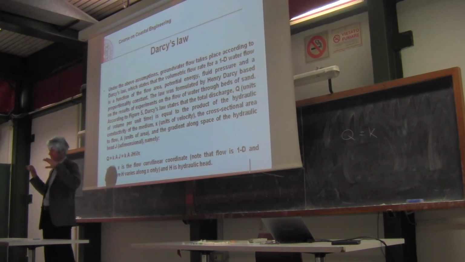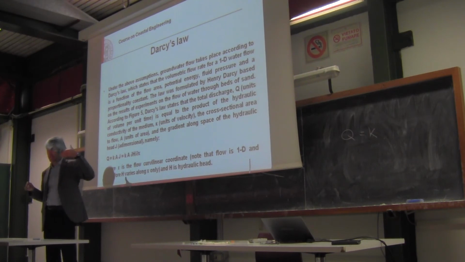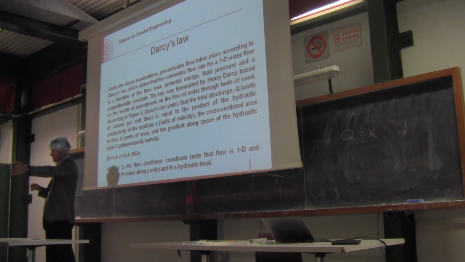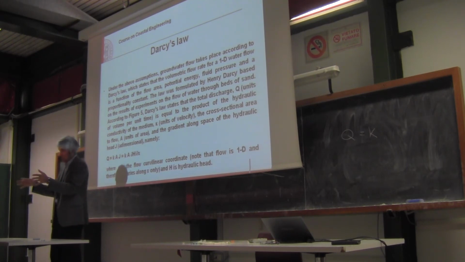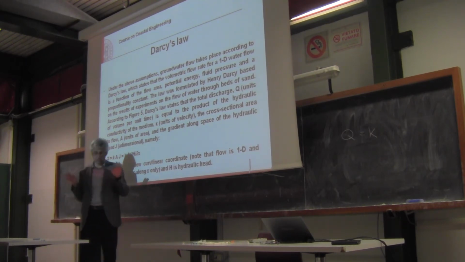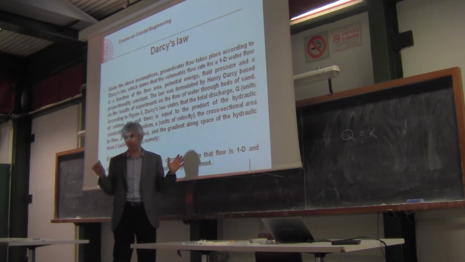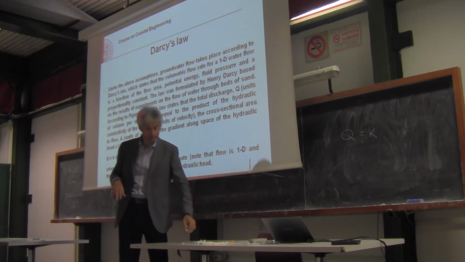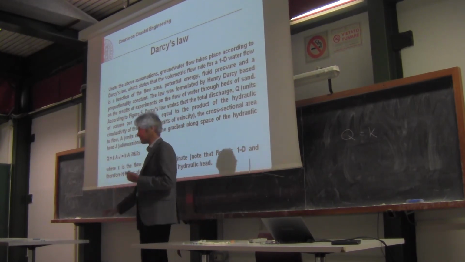This is what we have to understand, which is important and was also implied by her in her presentation. When the water table level is decreasing in one direction, it means that there is a flow in the aquifer in that direction. This is why Darcy's law is important for us.